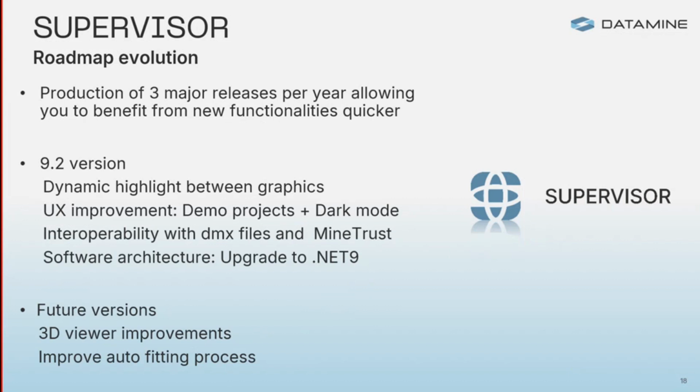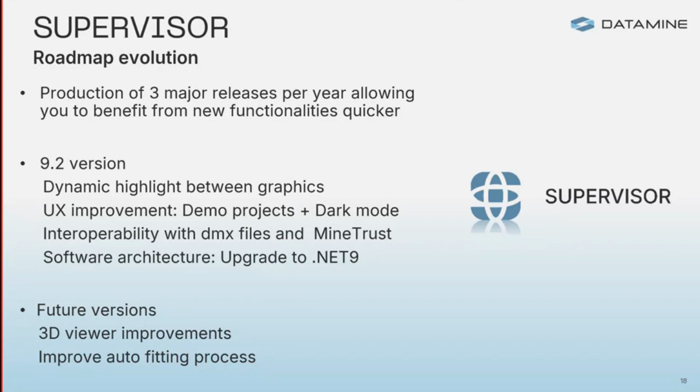Okay, so what is coming in Supervisor? You will see the development team will maintain the pace. So we are expecting to have 3 major releases per year. Version 9.2 is the next one. And you will see that in version 9.2, we will bring the highlight between graphics.